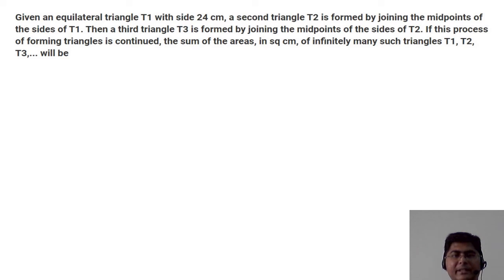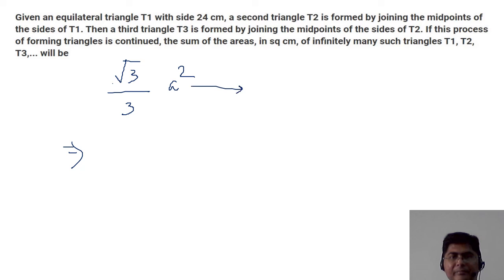After simplifying these equations, we got root 3 by 3 A square. Now what is A? Side of triangle ABC, which is equal to 24.